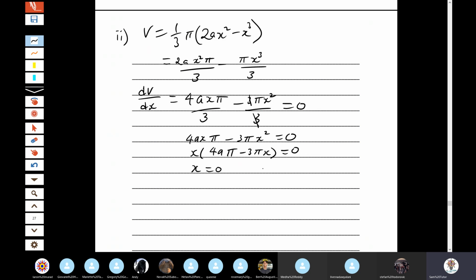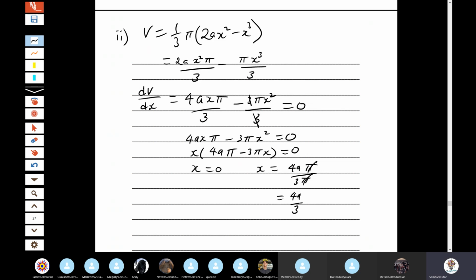Therefore, you get x equals 0, or x equals 4a pi on 3 pi. That's what I meant by you can get rid of pi. You probably want to forecast that. If they're both there, you just cross them out, because eventually you're going to divide. Done. X equals 4a on 3.